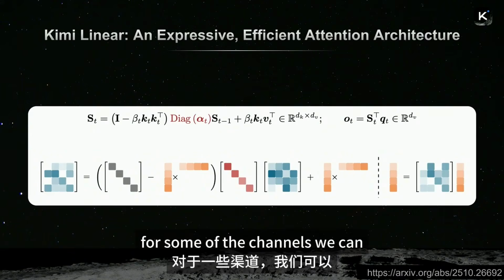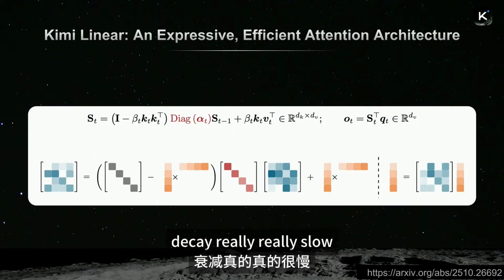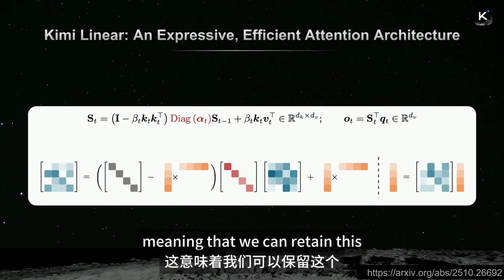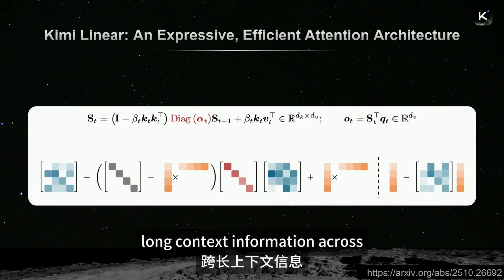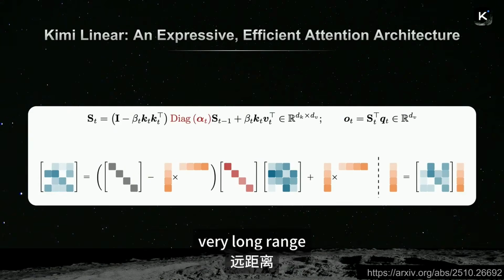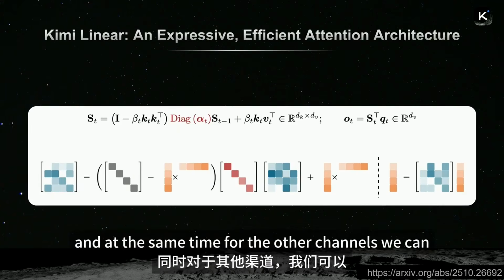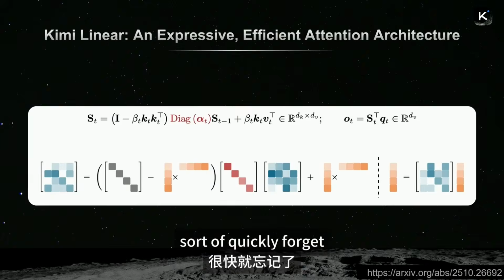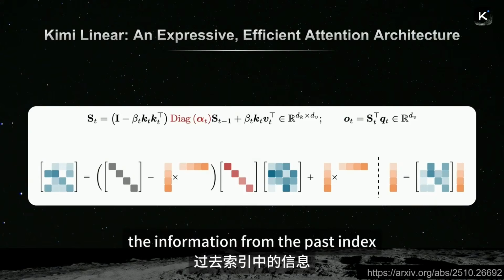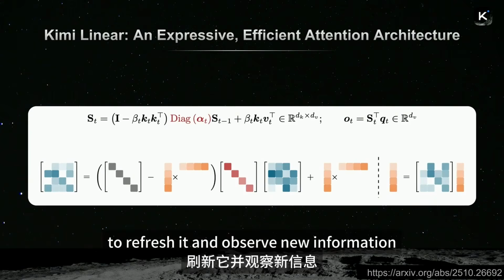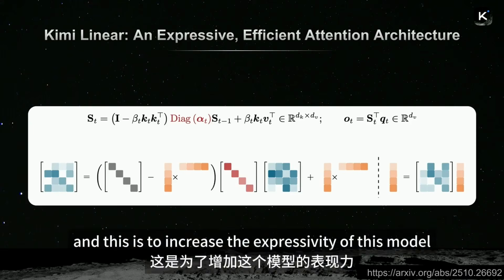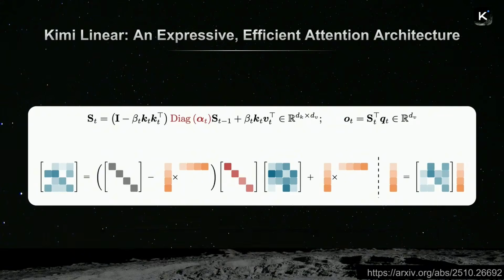For some of the channels, we can decay really, really slowly, meaning that we can retain this long context information across a very long range. And at the same time, for the other channels, we can quickly forget the information from the past indices to refresh it and observe new information. And this is to increase the expressivity of this model.